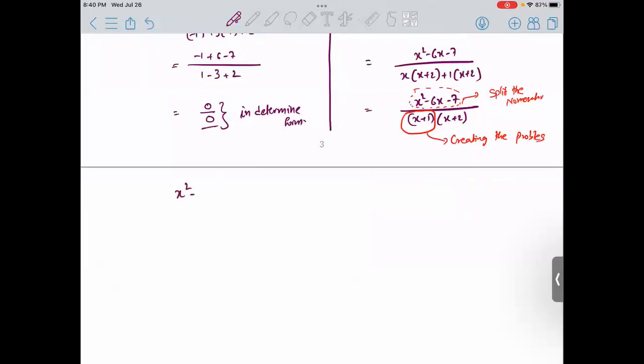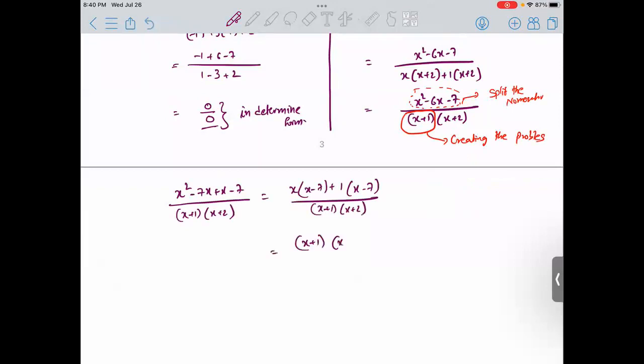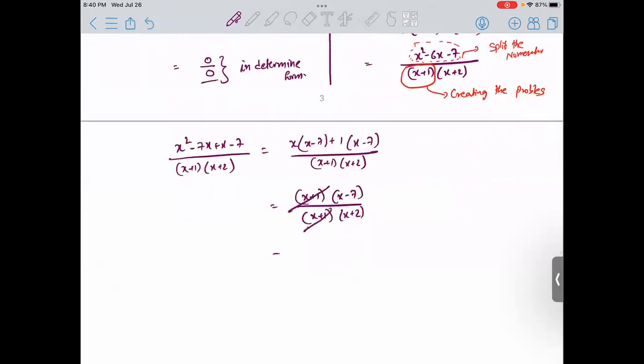x square minus 7x plus x minus 7, divided by x plus 1 into x plus 2, equals x into x minus 7 plus 1 into x minus 7, divided by x plus 1 into x plus 2. So x plus 1 into x minus 7 divided by x plus 1 into x plus 2. So cancel, and we get x minus 7 by x plus 2.